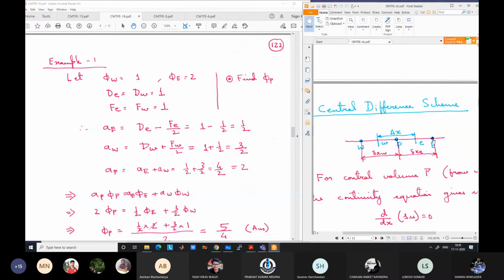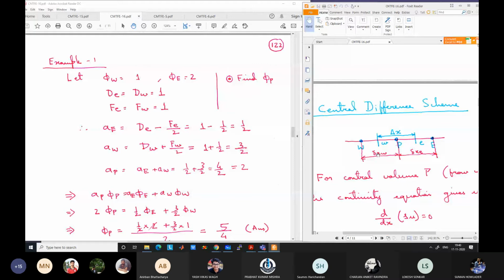Somehow we know, and we want to calculate the phi p value. Phi w is 1 and phi e is 2. It's maybe something like temperature or concentration. It is already known. And the diffusive strength is known. Diffusive strength gamma by delta x at this east interface is 1 and west interface also is 1.